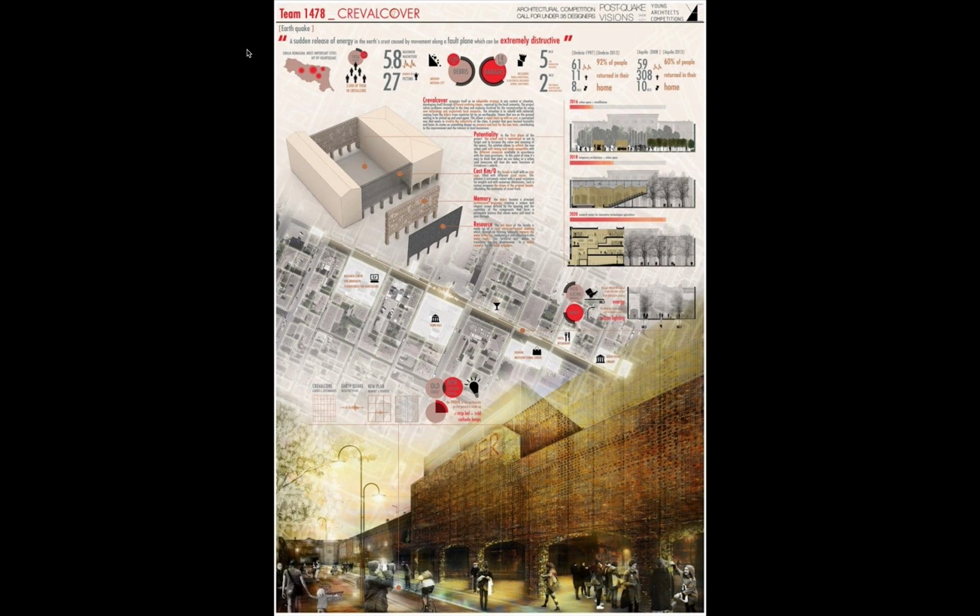Up the top of the panel, you can see the panel works from top to bottom. There's a lot of information which has been diagrammed in an icon sort of format, so you can see there's these key things that are happening in regards to this. There's a key problem, 60% of people at 6.1, there's an earthquake, whatever that might be, extremely destructive. There's certain words that are highlighted, so it catches your eye.